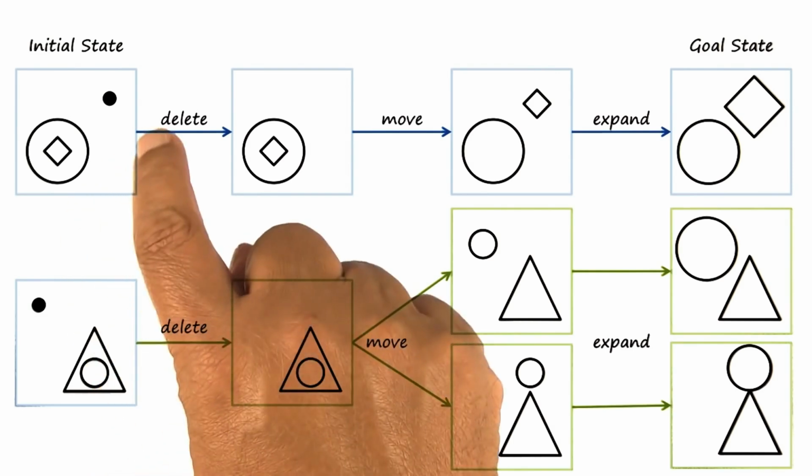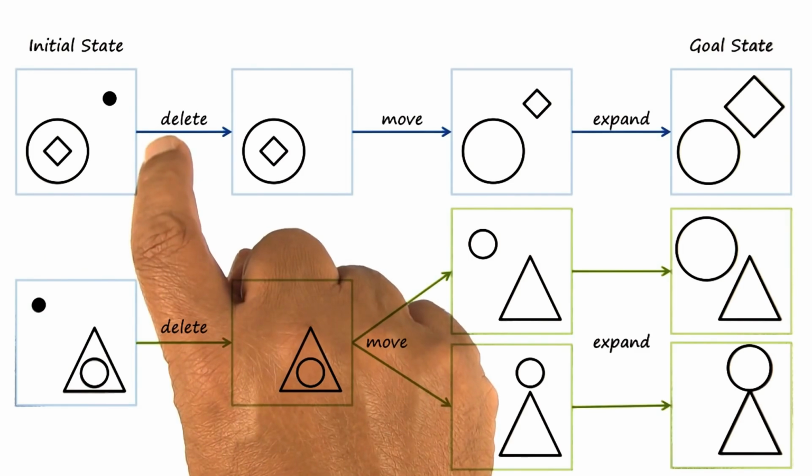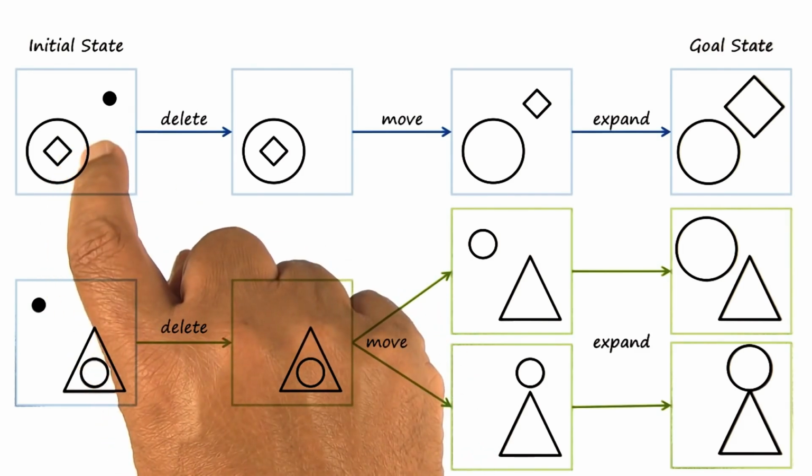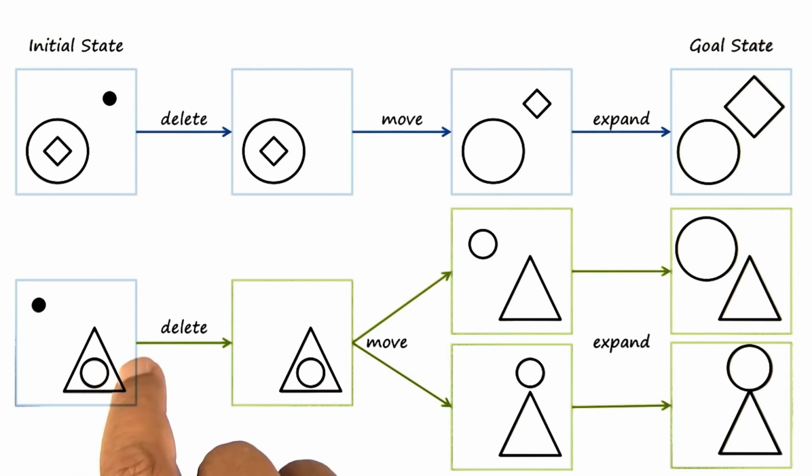Remember that we had a semantic network representation of the image A, and in that representation we said that the diamond is inside the circle. Now we also have a semantic network representation of image C, and that semantic network representation says that the circle is inside the triangle.